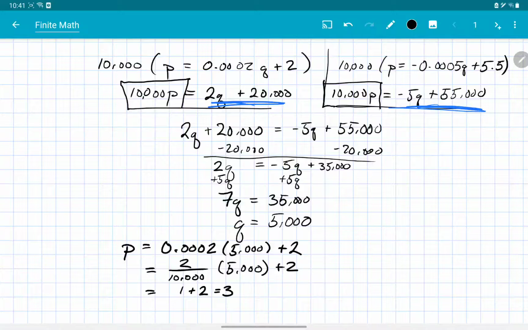But I want to show you sometimes that not using a calculator, you can still come up with pretty clean and easy numbers if you work carefully. So now the PQ solution is 5,000. So we will produce 5,000 of this item if it sells for $3, and that's a price where the buyers and sellers meet together and agree that this is what we want to do.